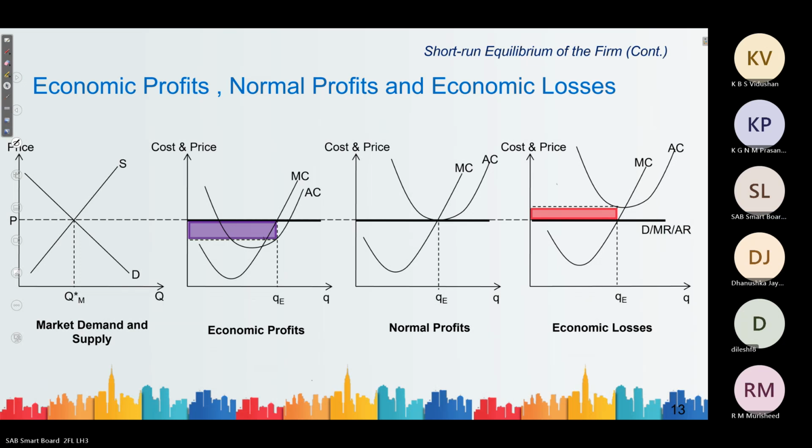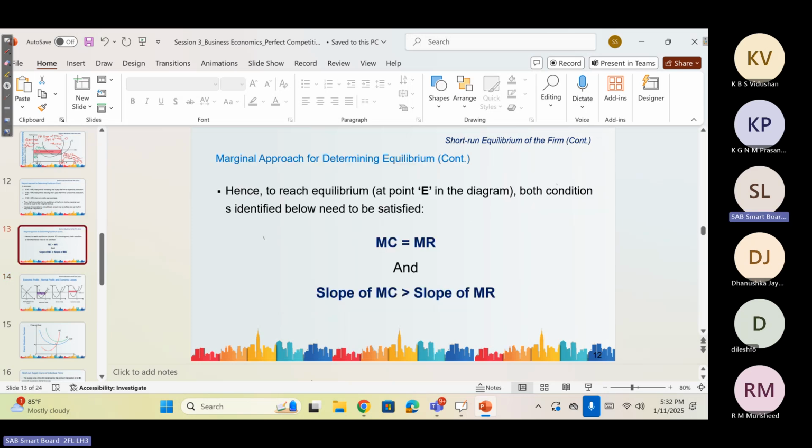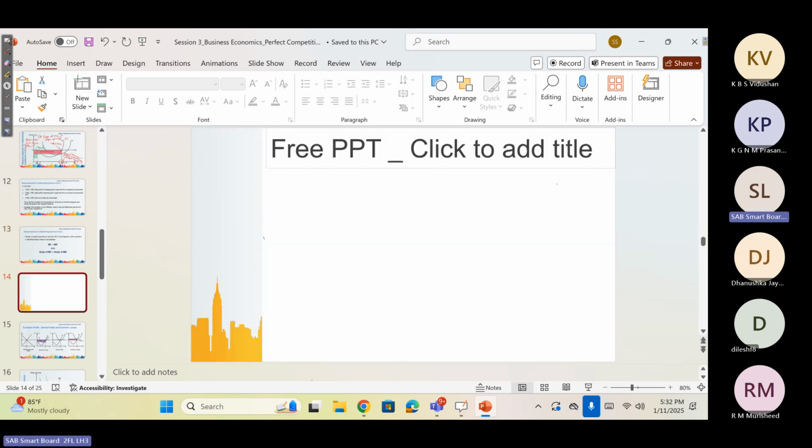Yes, a perfectly competitive firm can earn 3 different levels of profits in the short run.